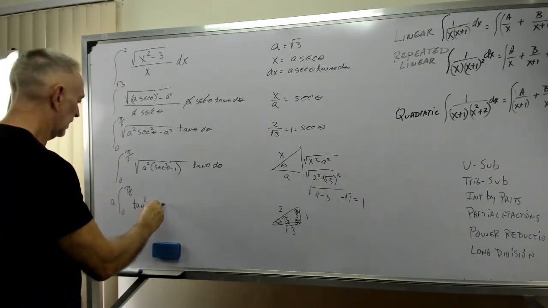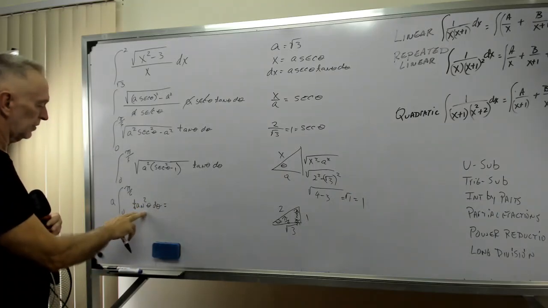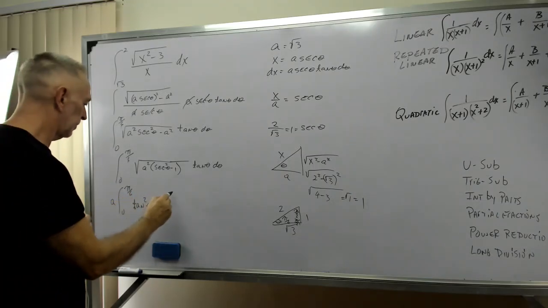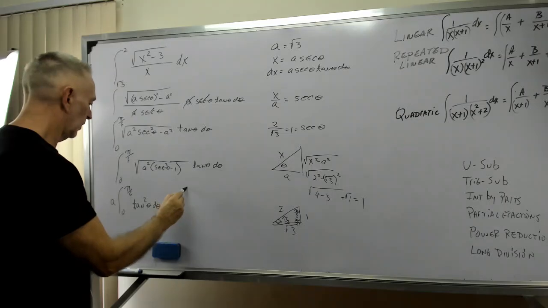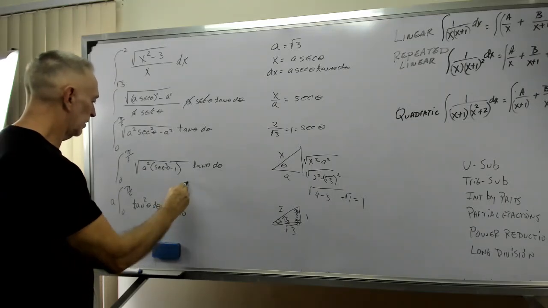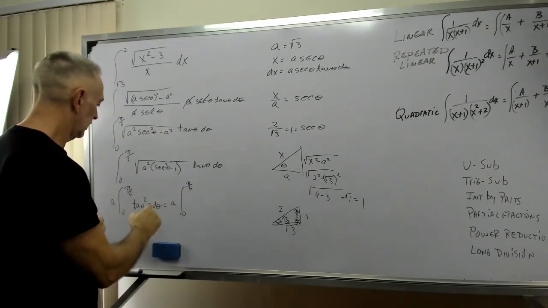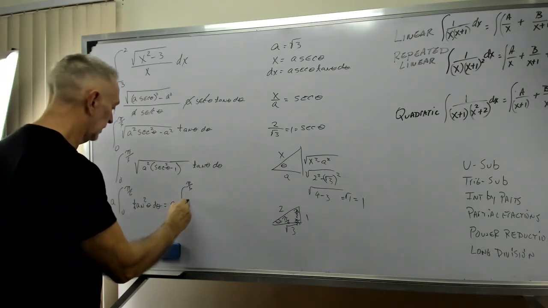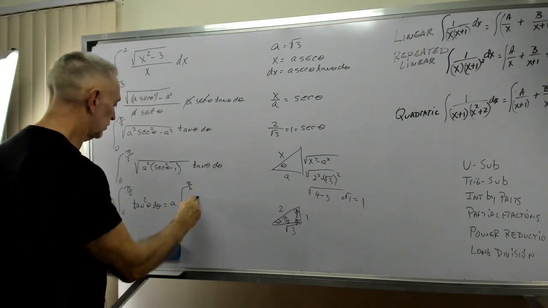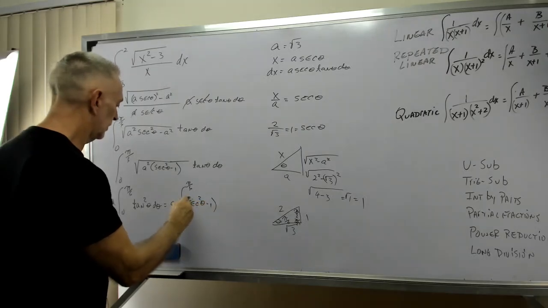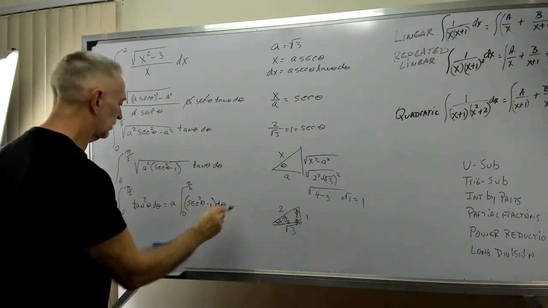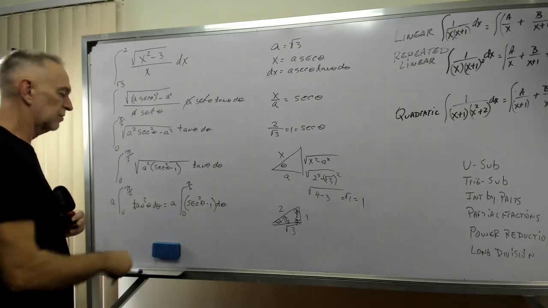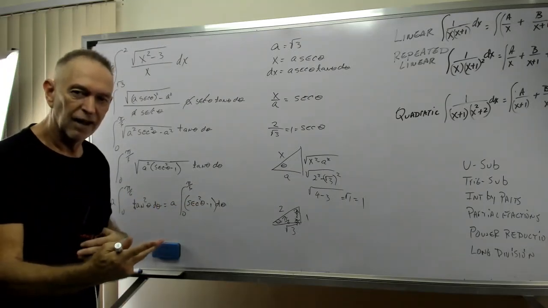Well, I need to convert that into something I can integrate more readily. So I have 0 to pi over 6. I'm going to change this to secant squared minus 1, secant squared theta minus 1, integrating with respect to d theta. What's the integral of secant squared?